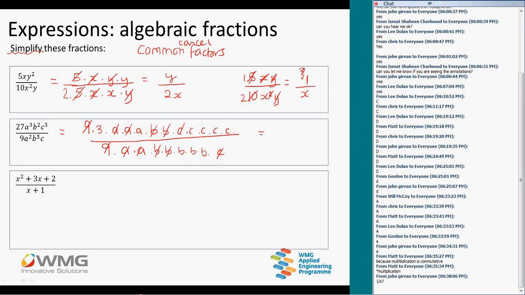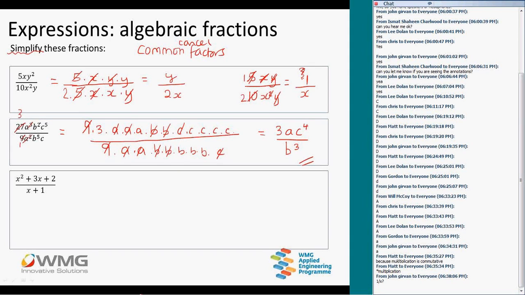To write this out in expanded way, this explanation of what's happening, it's a bit messy. I'll show you, and you need to be careful because it gets a bit messy. So 9 into 9 goes 1, so that's just a 1. 9 into 27 goes 3. A cancels that, so I'm just going to be left with an A. The B's will cancel with 2 of them from there, so I'm going to end up with a 3.